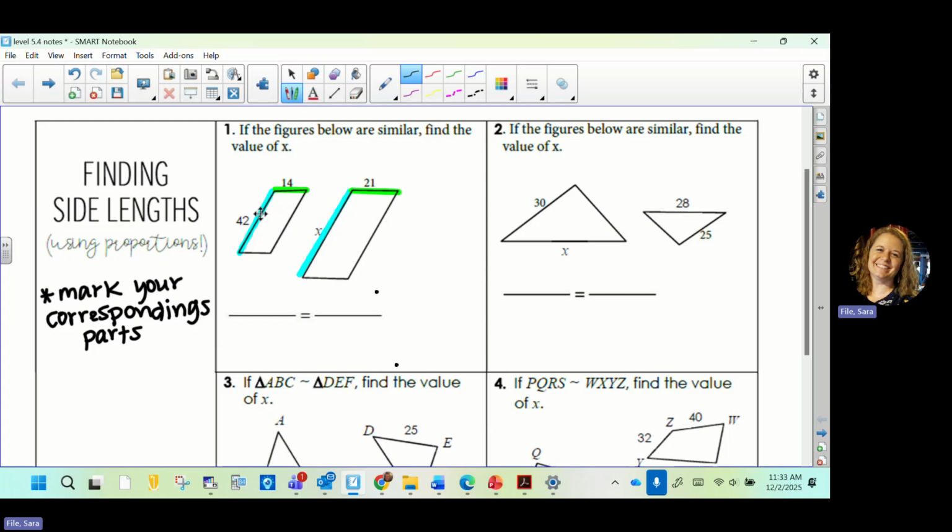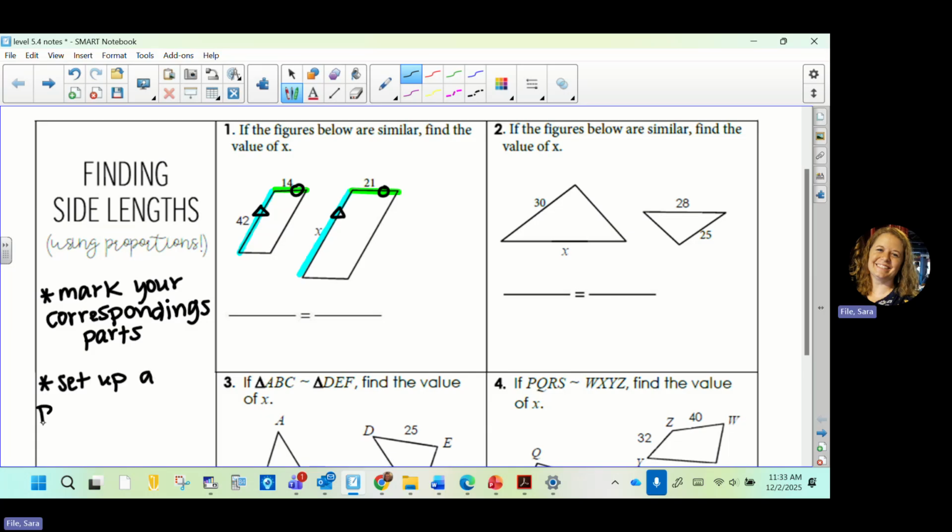You could say, okay, triangle to triangle, circle to circle, something like that. I don't care how you mark it, but you need to mark it somehow on which ones correspond to each other.